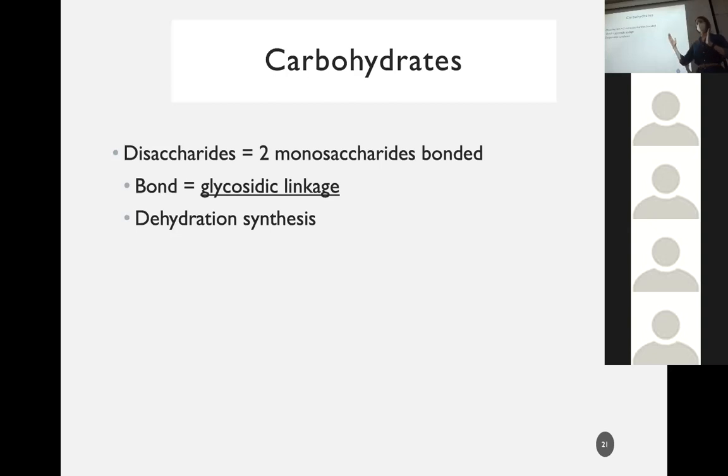Glycosidic linkage is what's going to bond two monosaccharides together and is done through that reaction I talked about, dehydration synthesis. Every time we bond two monomers together, it's done through dehydration synthesis. That's the reaction type. The bond name will change based on the category of molecule we're talking about, but for carbohydrates, it's always a glycosidic linkage.